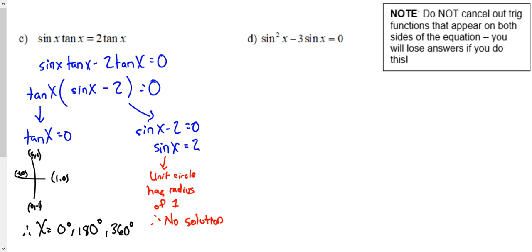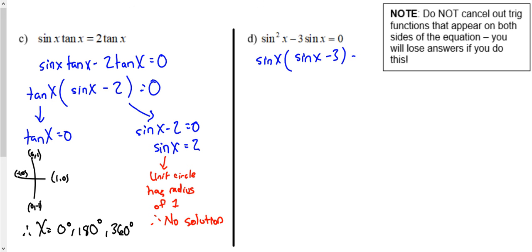In example D here, we're going to do something very, very similar to example B or example C. So I have all my sine functions on one side, but what I want to do is try to solve for x here. So my suggestion would be to factor out a sine function. If you factored out a sine x from everything, you'd end up with sine x times sine x minus 3 equals 0.